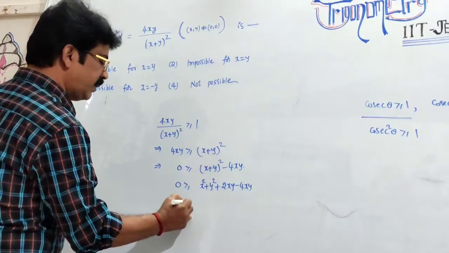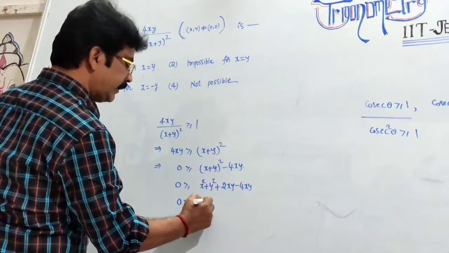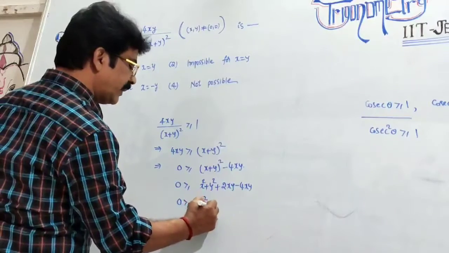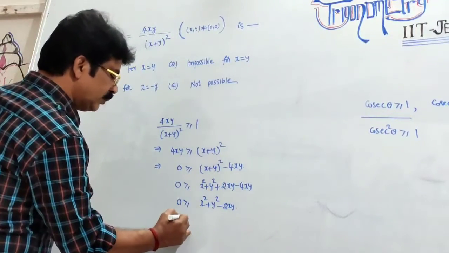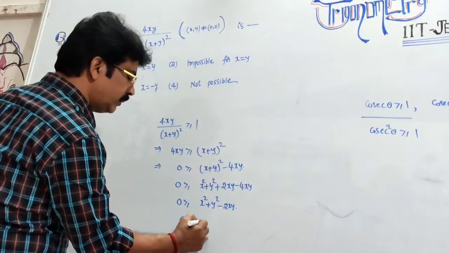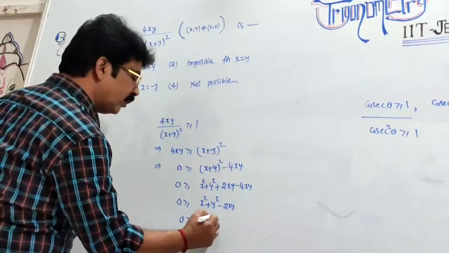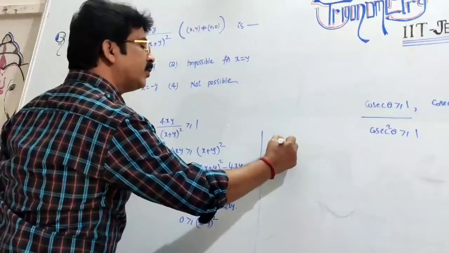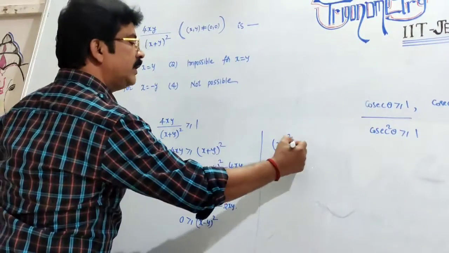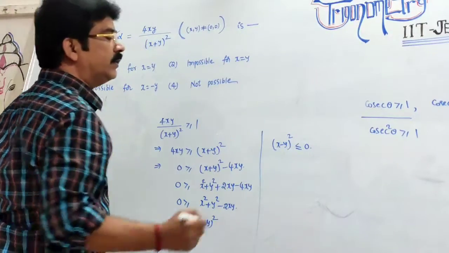Therefore 0 is greater than or equal to x square plus y square minus 2xy, so 0 is greater than or equal to x minus y whole square. What does it mean? Therefore x minus y whole square is always less than or equal to 0.